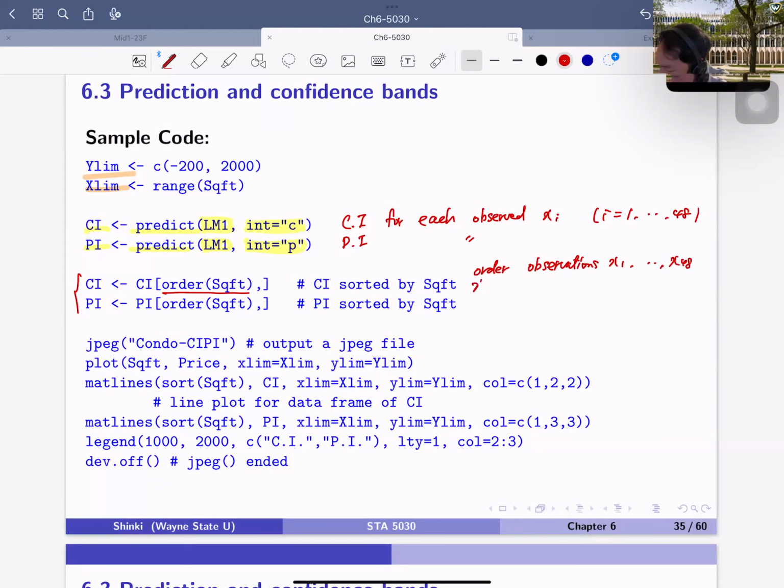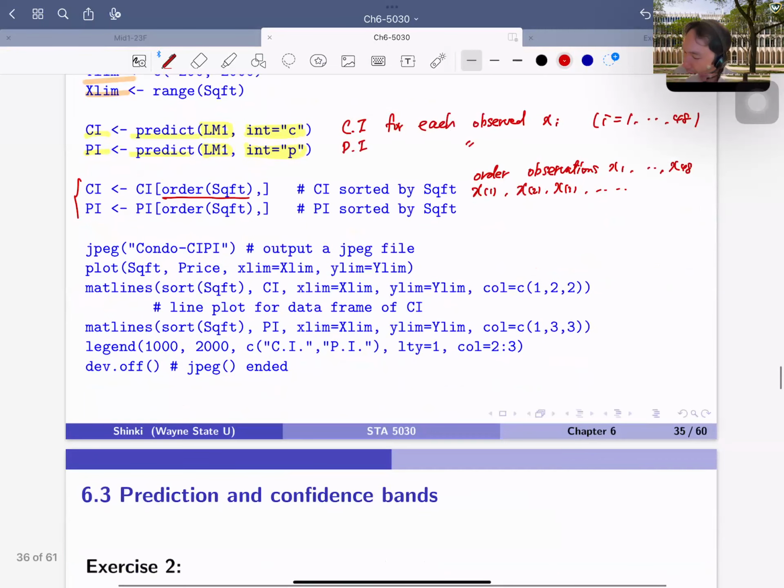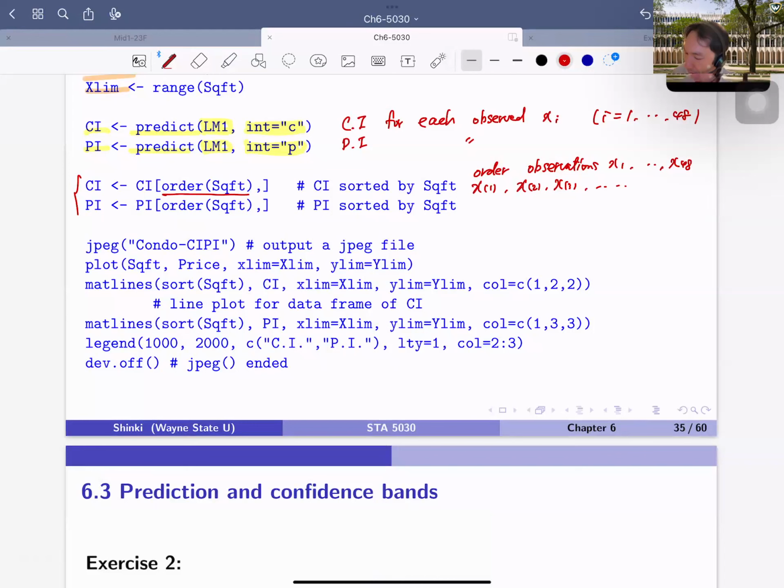Usually x(1) in parentheses represents the smallest observation, then the second smallest, the third smallest, and so on. Then we make a plot. Actually, I use the matlines function. So this is the sorted square footage, the sorted observations x(1) to x(48).